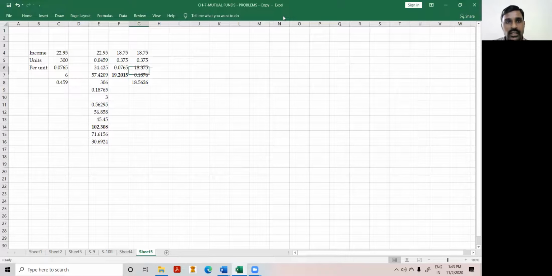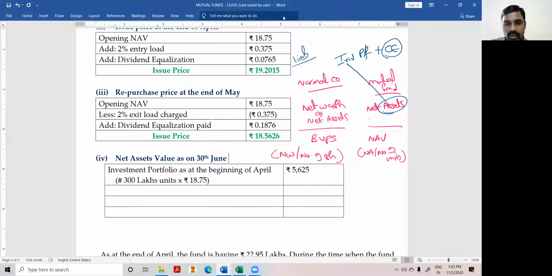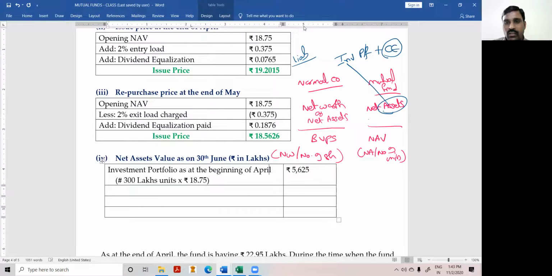Just do that calculation. 300 lakhs into 18.75 is 5,625 lakhs. This will be in lakhs. Per unit value is given, so we have to take it in total. Okay, right.